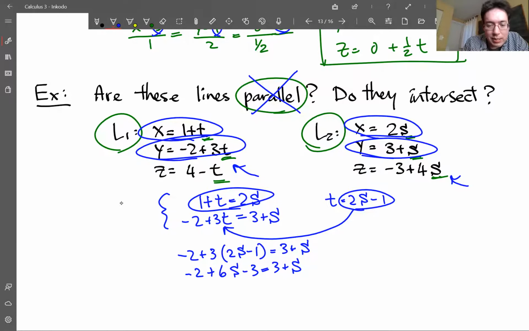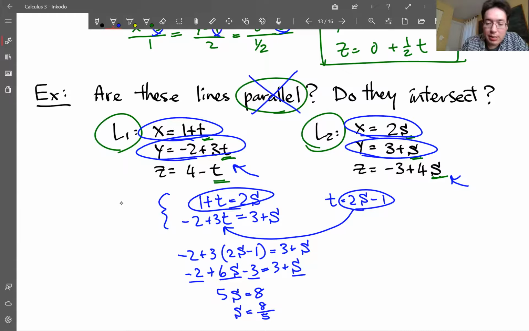I have a 6s here, and if I subtract an s from both sides, I get 5s on the left-hand side. Then I have the constants -2 and -3. If I add 5 to both sides, I get 3 plus 5 is 8. So s is 8/5.